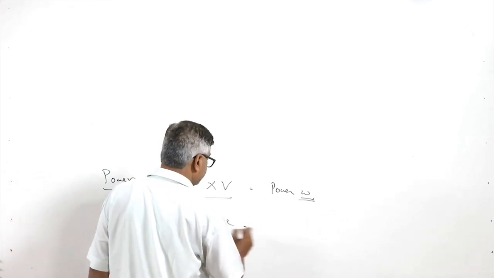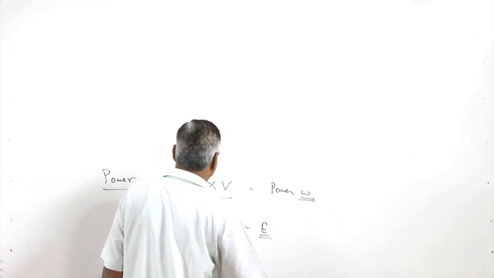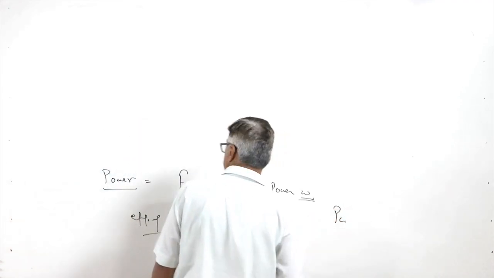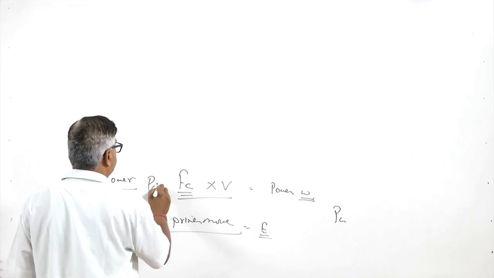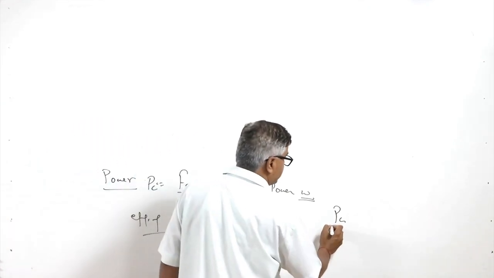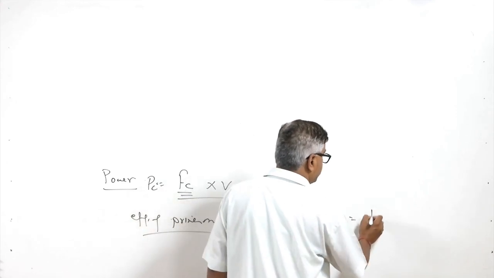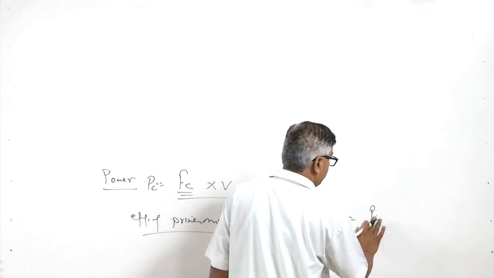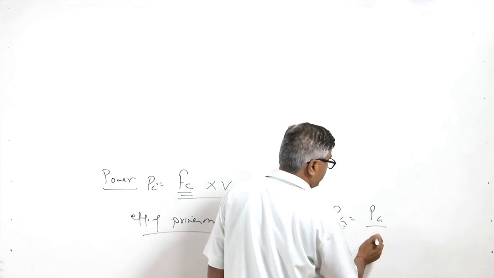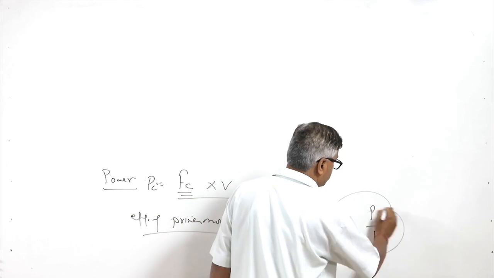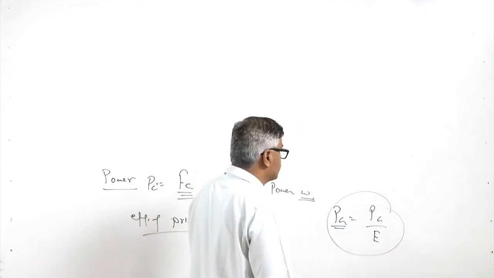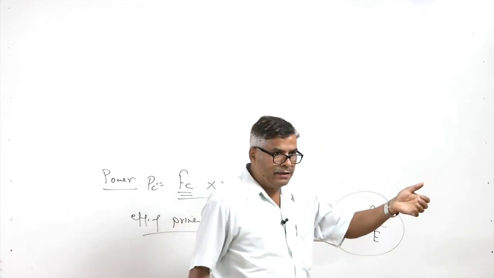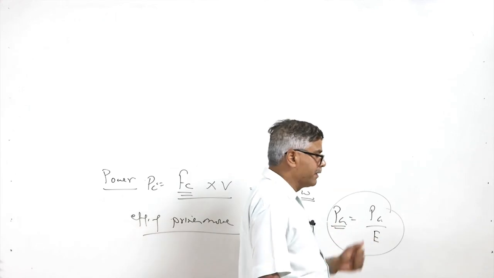If E is the efficiency of the system, then we can calculate the gross power required, Pg. Say Pc is the power required for cutting, then Pg is the gross power required, which means Pg is equal to Pc, that is the power required for cutting, divided by the efficiency. If the system efficiency is 1, meaning 100%, then the gross power required to be delivered to the machine tool will be equal to the power required for cutting.